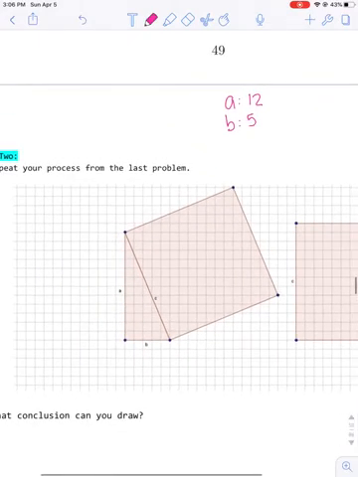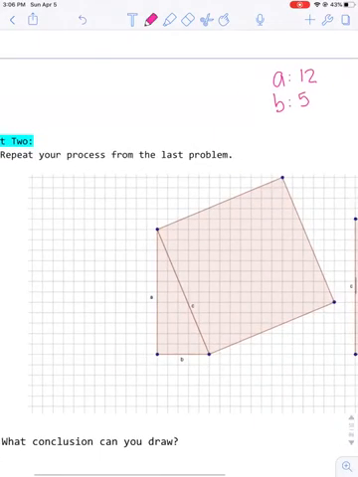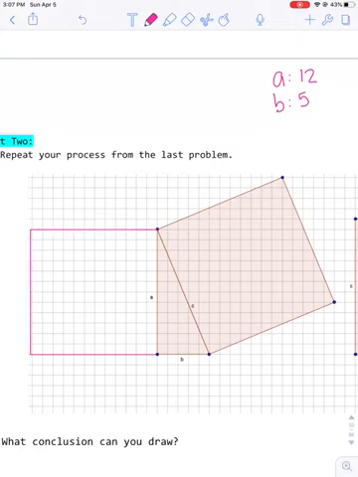Side B is 5 spaces, so 12 units and 5 units. When I draw that square out, I know that side A is already 12 long, so I need to count 12 out to the side: 1, 2, 3, 4, 5, 6, 7, 8, 9, 10, 11, 12. Hopefully I didn't miscount, but we'll just assume that is correct.